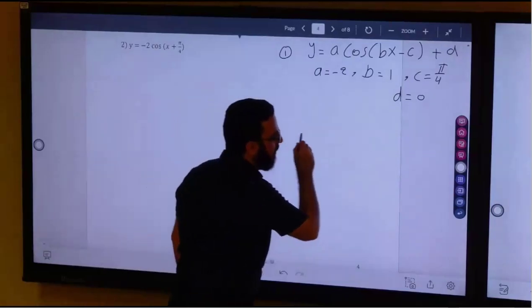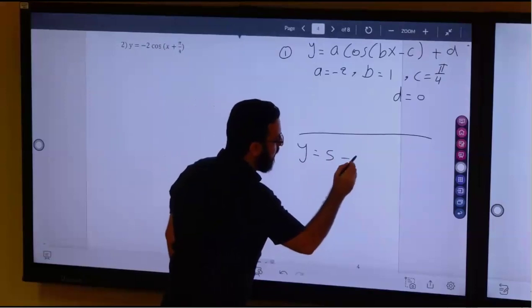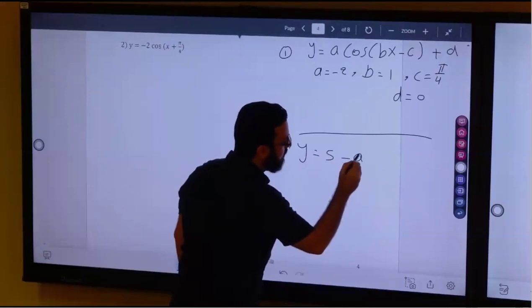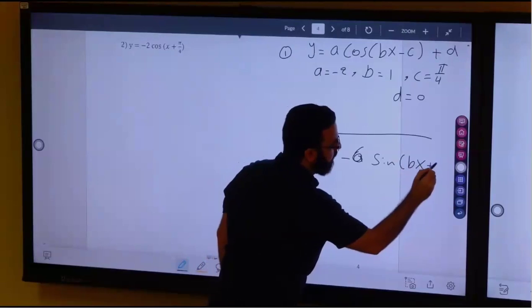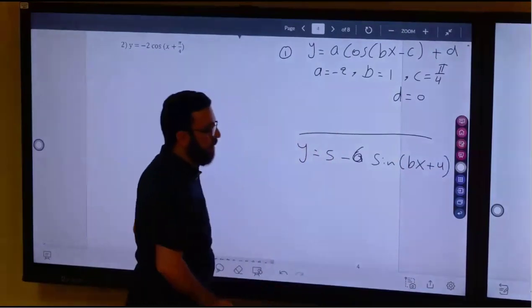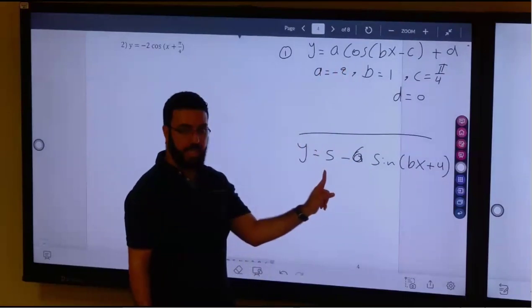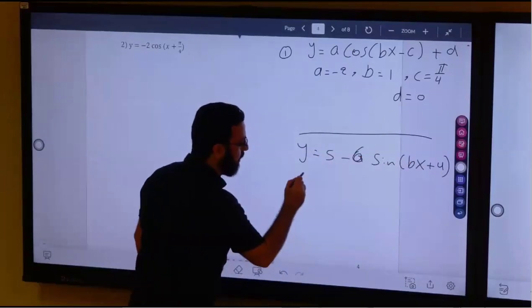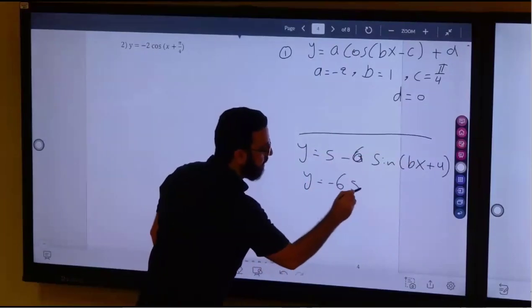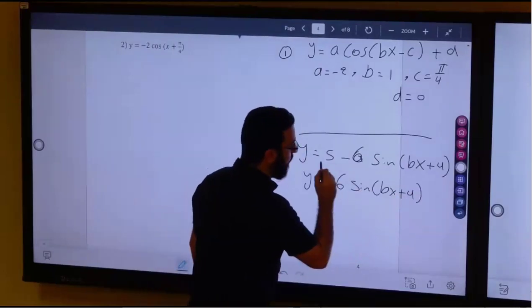For example, if you have y equals 5 minus 6 sine of 6x, I need to write this similar to the original function. I'm just gonna move the D here, so it's gonna be y equals negative 6 sine bx plus 5.